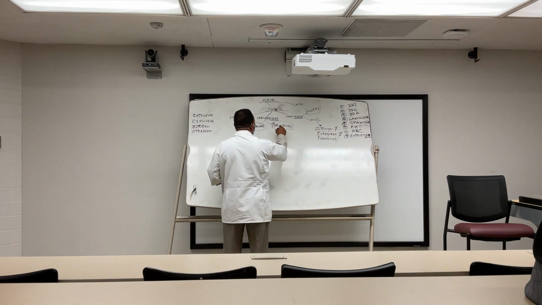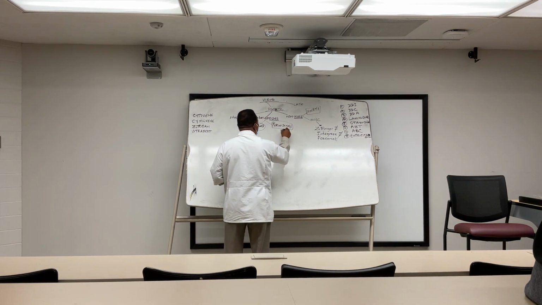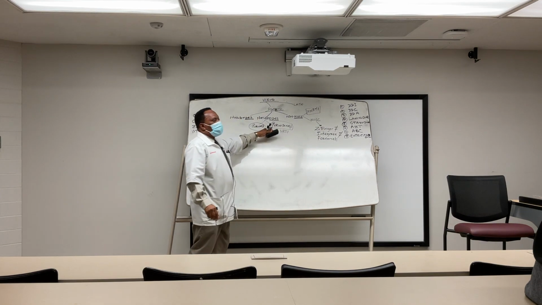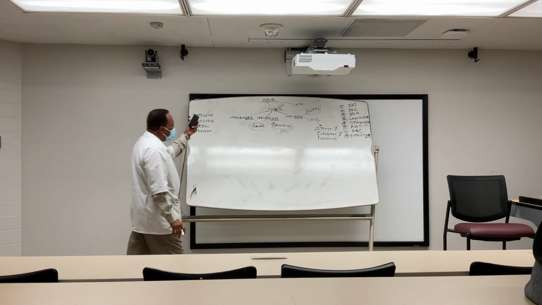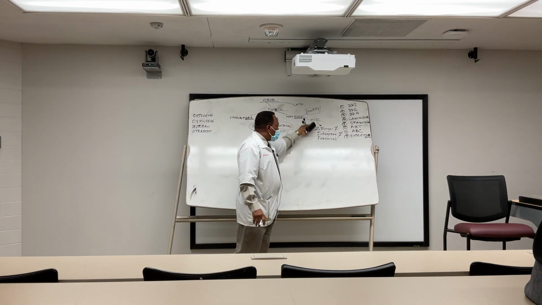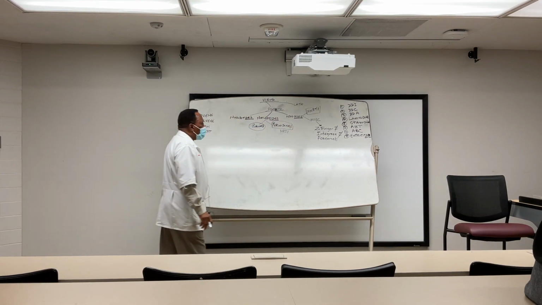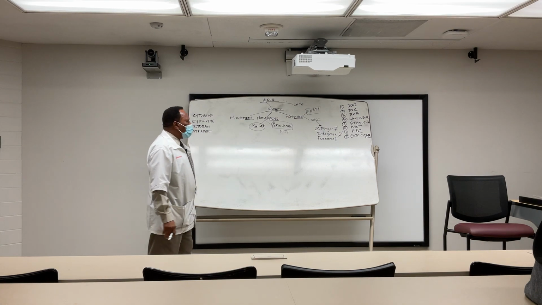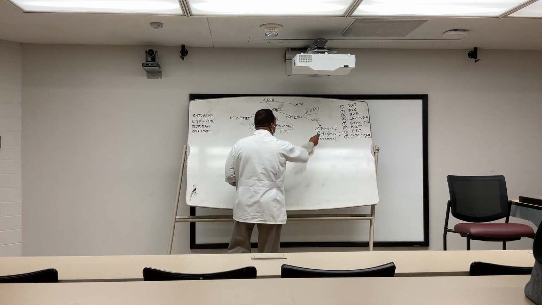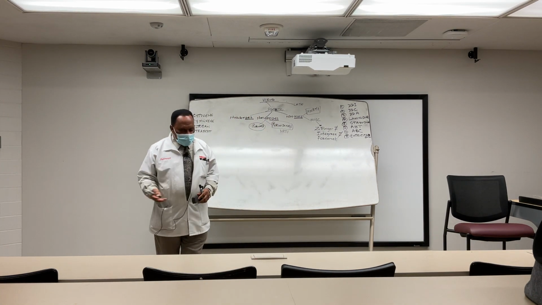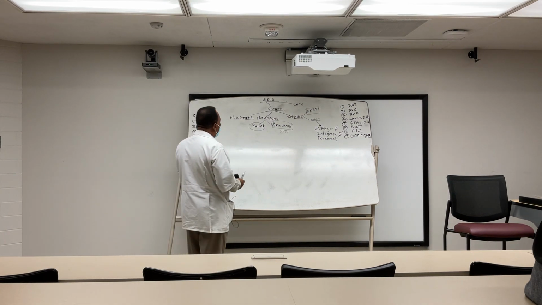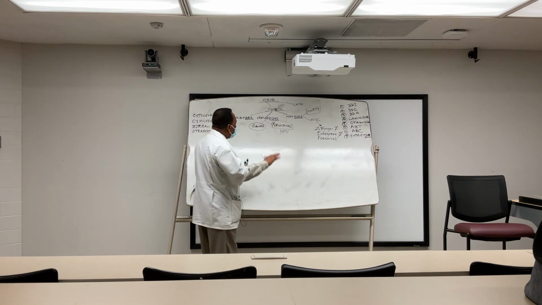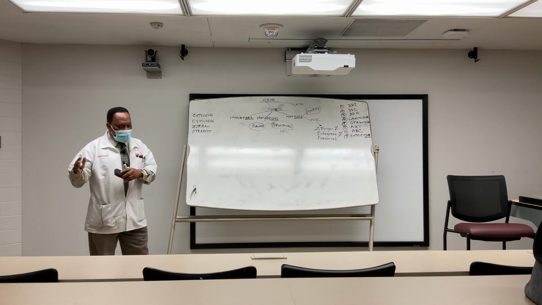Your NRTIs come under pyrimidine nucleosides. And then next time we'll get on the miscellaneous agents: zinc finger inhibitors, the integrase strand inhibitors, and foscarnet. So that's where we are and where we're going.